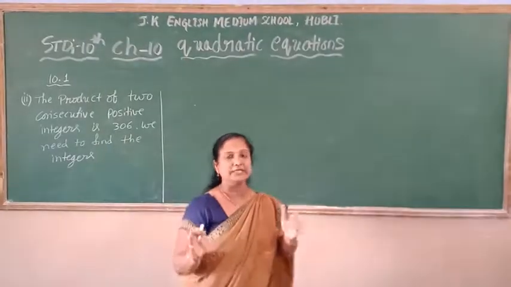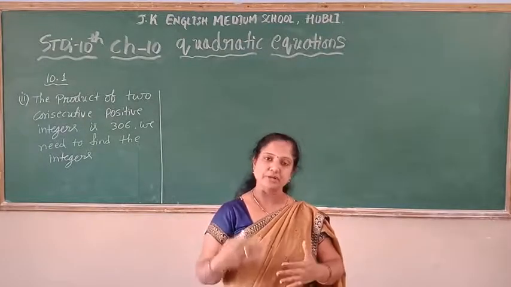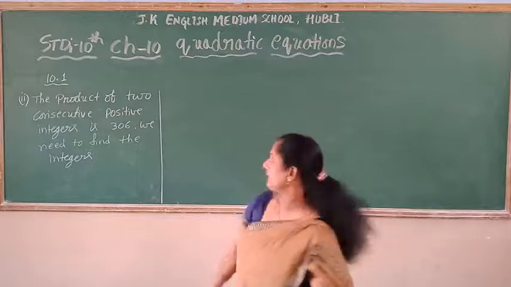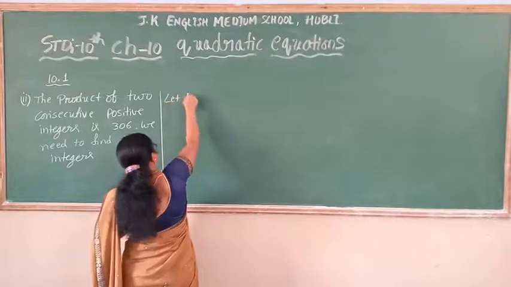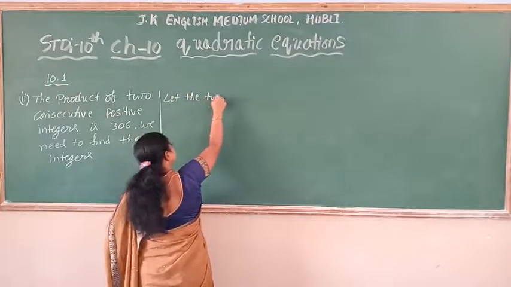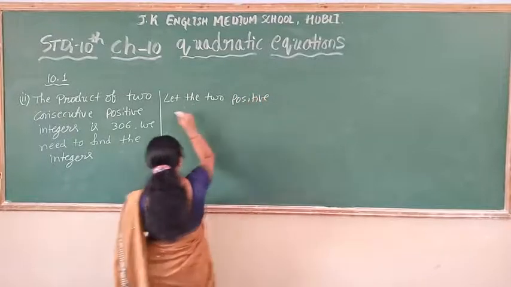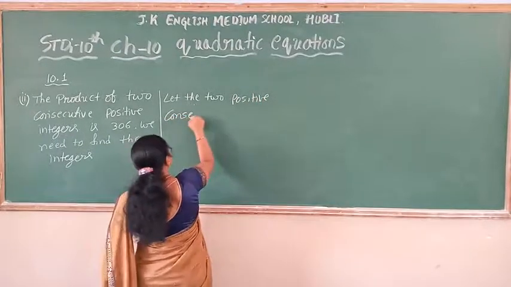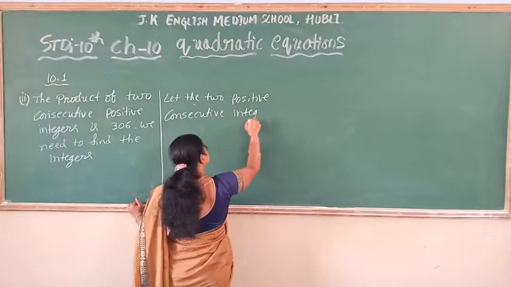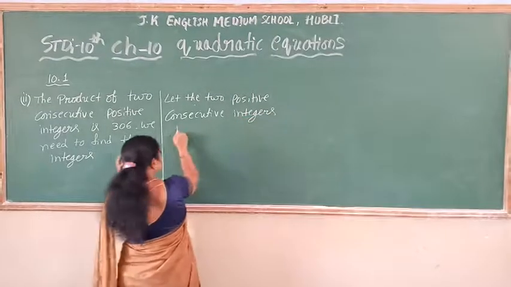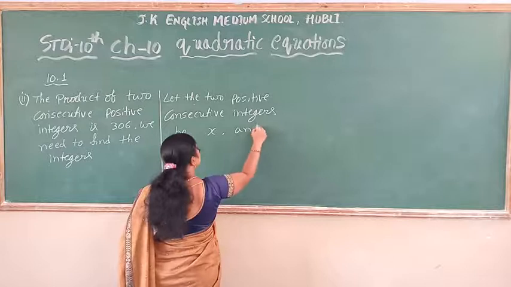Children, consecutive integers means one after the other. They are also positive integers, positive numbers one after the other. So let the two positive consecutive integers be x and x plus 1.